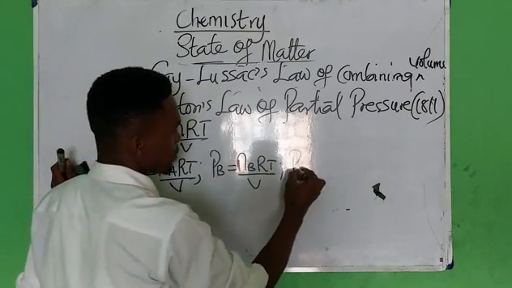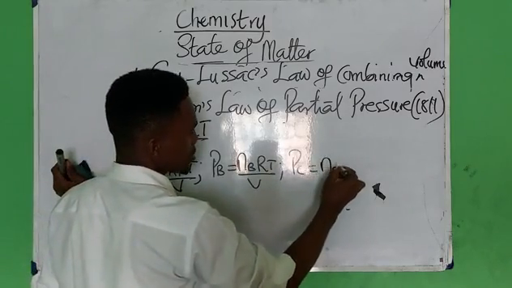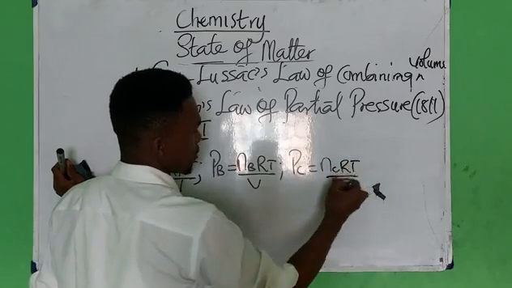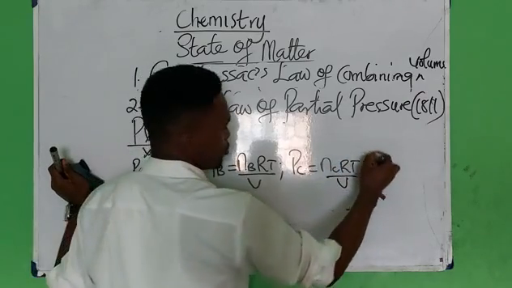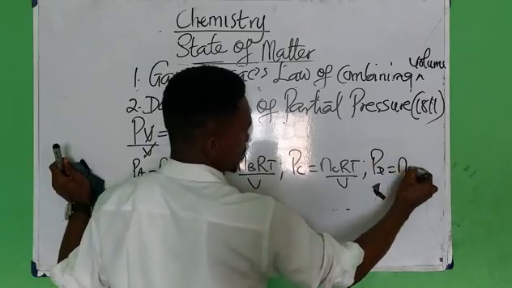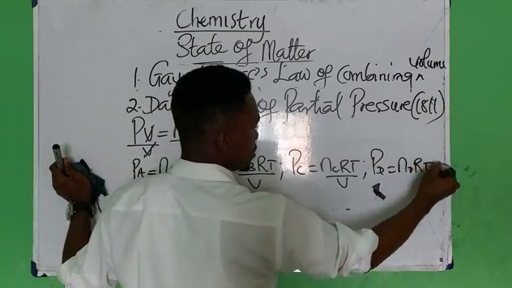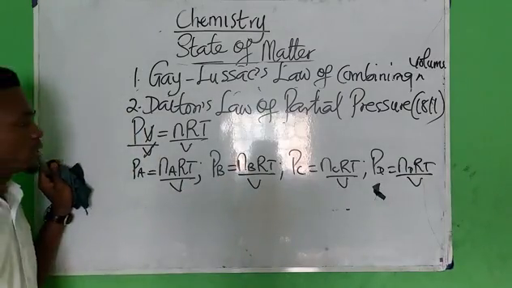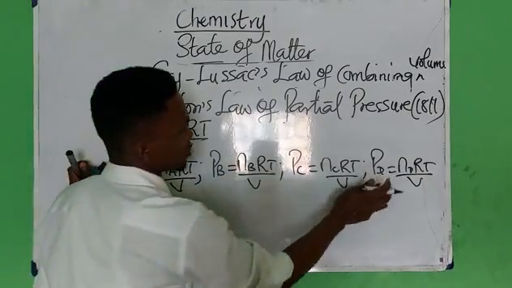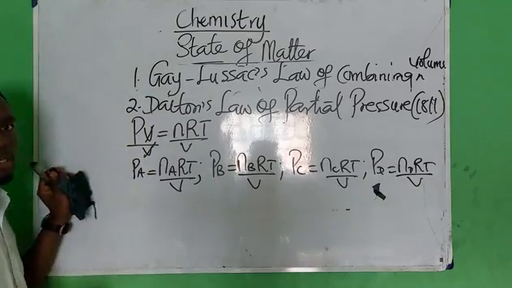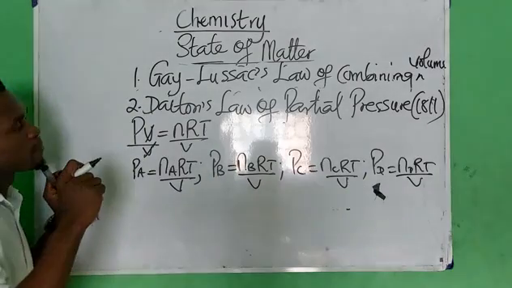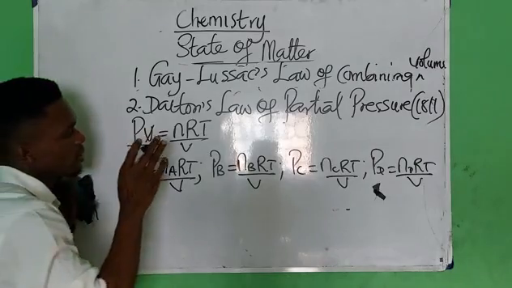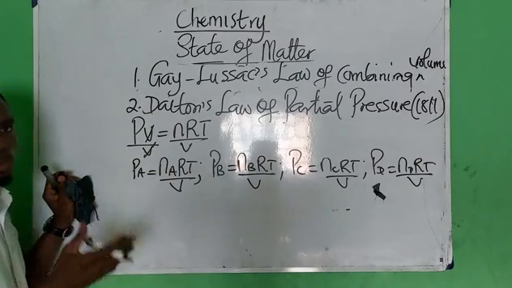It means that PC equals nC RT over V. PD equals nD RT over V. So this is what you have. The pressures of the various gases, alright? So that is what you have.